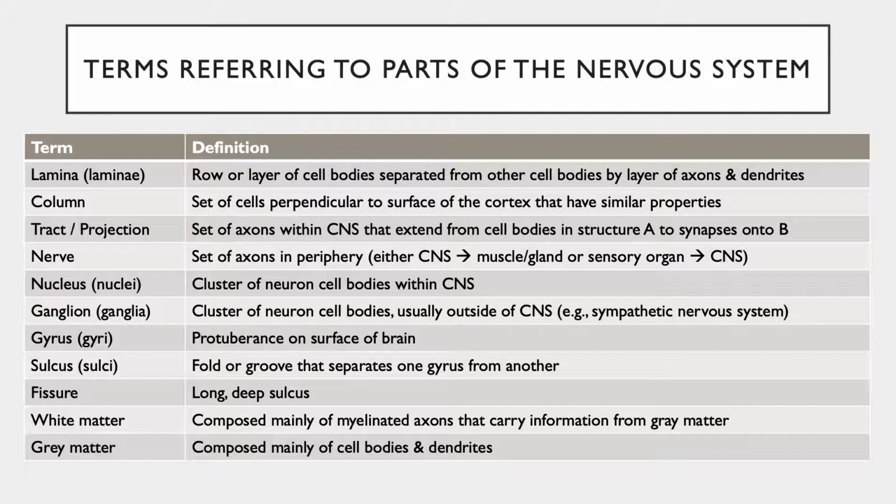A ganglion, plural ganglia, is a cluster of neuronal cell bodies, but instead of being within the central nervous system like nuclei, they're generally outside of the central nervous system. For example, there are ganglia that are a part of the sympathetic nervous system. These ganglia help transmit autonomic nervous system information throughout the peripheral nervous system.